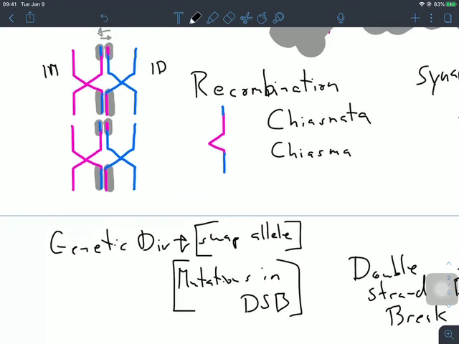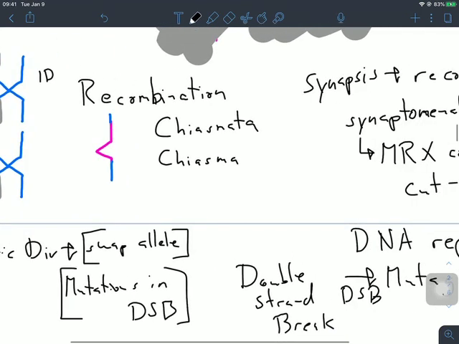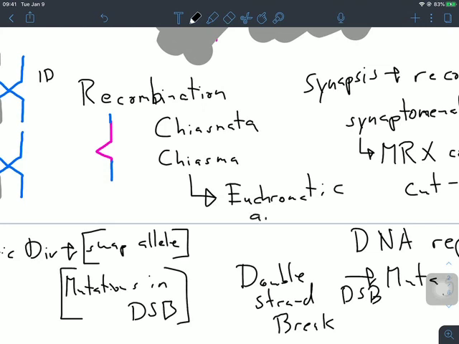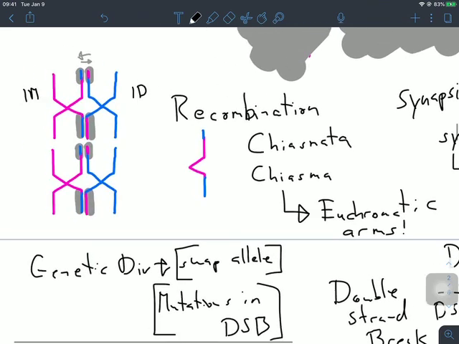Now, these synaptonemal complexes and chiasmata are much more likely to form in euchromatic regions, particularly the euchromatic arms of chromosomes. And in humans, you will actually get one chiasmata forming per chromosome arm.